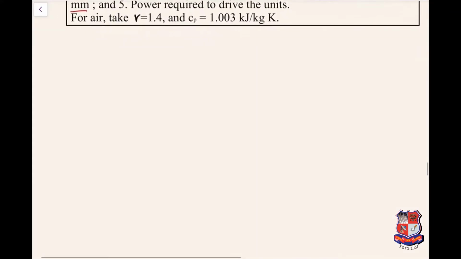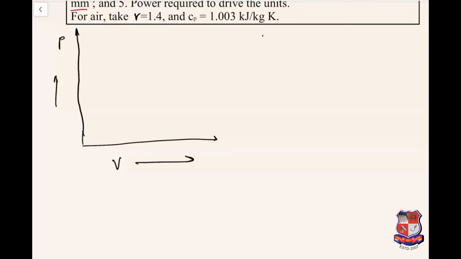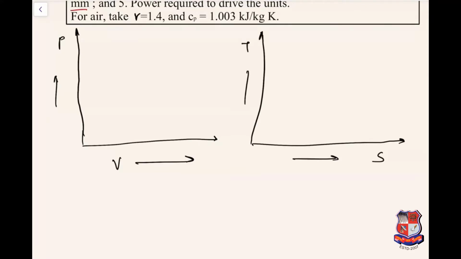So first we need to draw the cycle. So Bell-Coleman cycle, if we go for the PV and TS diagram, then this is PV diagram and TS diagram.